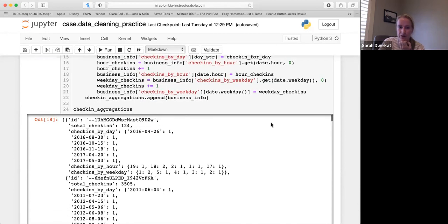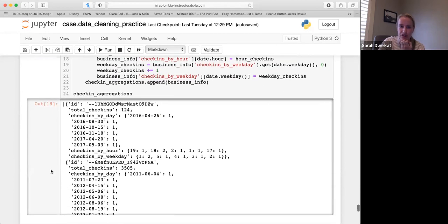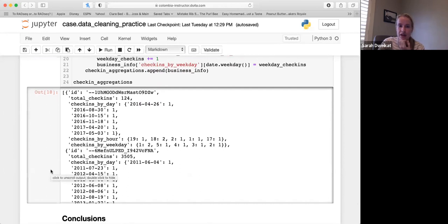And then the output for this check-in aggregation should be that we see our total check-ins, and then we have check-ins by day, check-ins by hour, and check-ins by weekday. So this here is for weekday, like this is weekday number 1, we had 2, we had weekday number 5, 1, things like that.